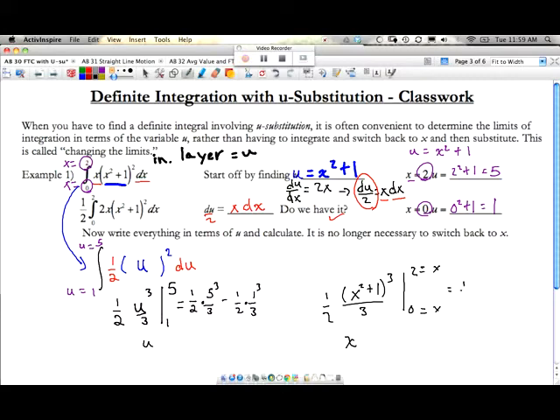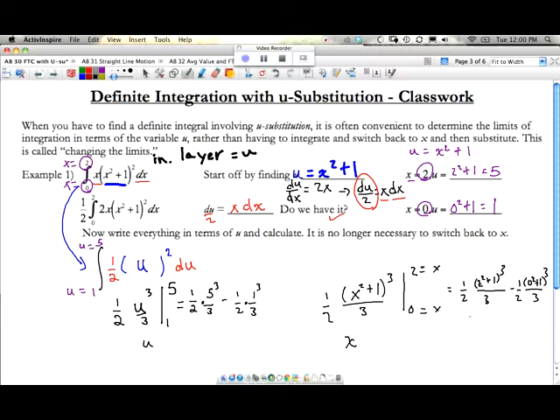All right, so let's look at this other one. This would be 1/2 times (2 squared plus 1) cubed. Let's erase a little bit of this, give ourselves some space here. (2 squared plus 1) cubed, over 3, minus 1/2 times (0 squared plus 1) cubed over 3.